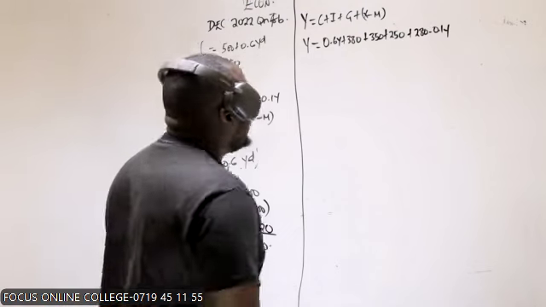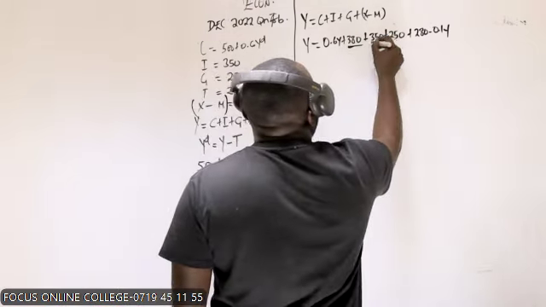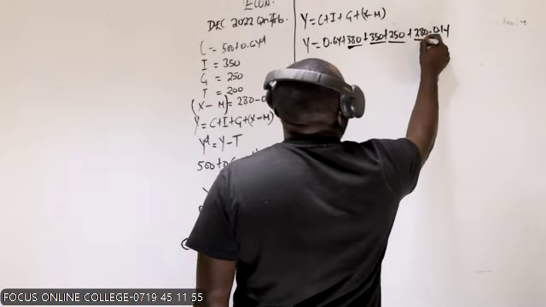So collect the like terms: 380 plus 350 plus 250 plus 280.